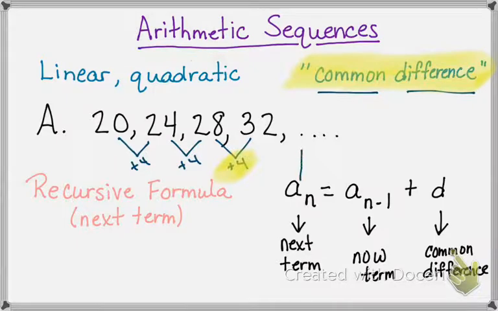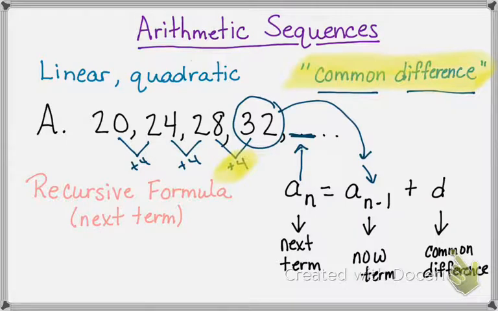So I'm looking for this term that would be right here next. Now, the n minus 1 is actually what I know right now. So when I think about what I know right now, I'm looking for the very last one that I know. So this is my 32. So my 32 actually goes here.